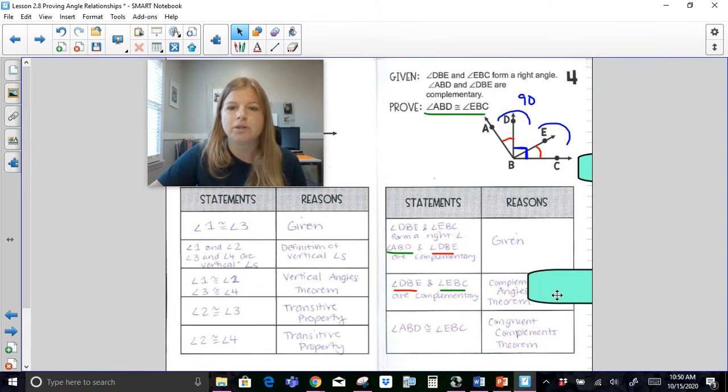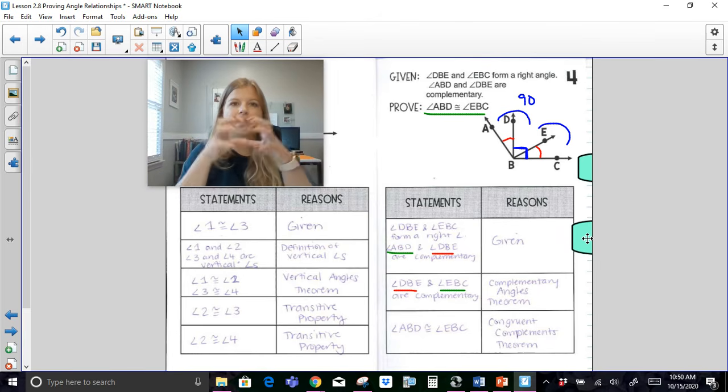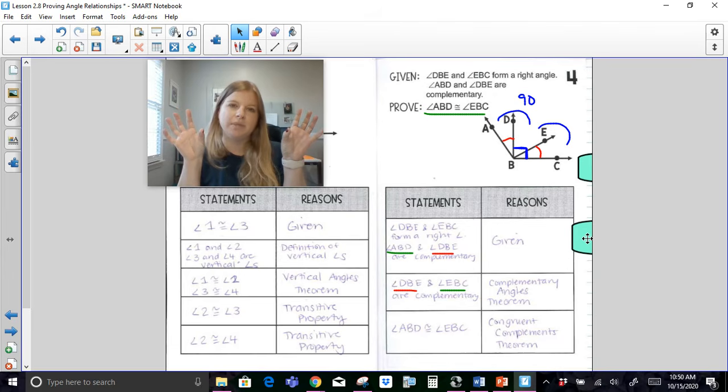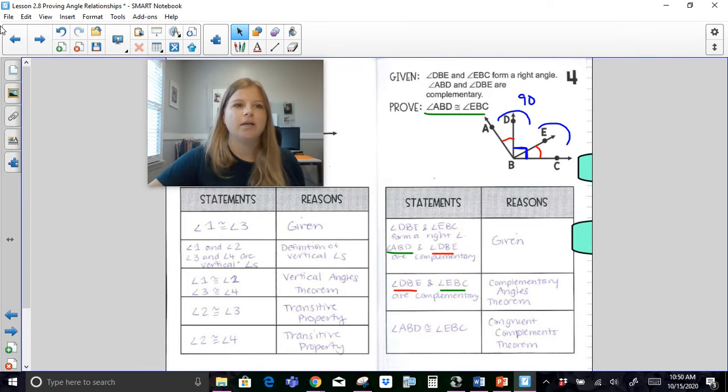That was the congruent complements theorem, where if you have two angles that are complementary to the same angle, then those two angles must be congruent to each other. And using a measurement example, if I have 50 and 50 and then 40, well, 50 and 40 are complementary, that 40 and this 50 are complementary, and then clearly those 50s are equal to each other, and if they're equal, then they are congruent.